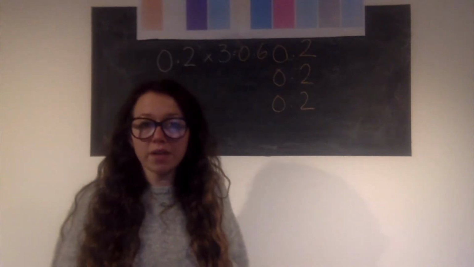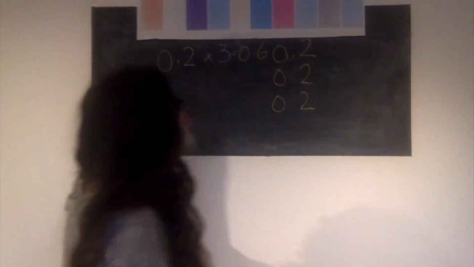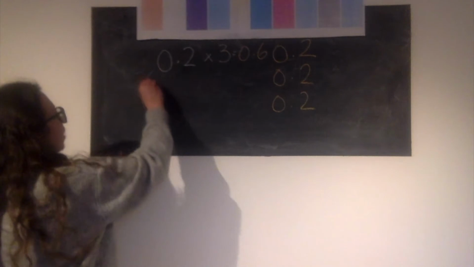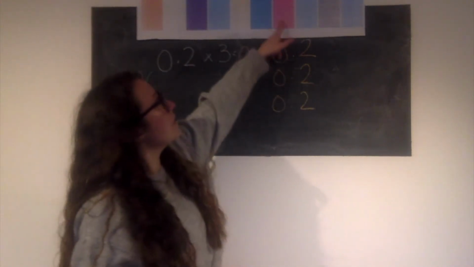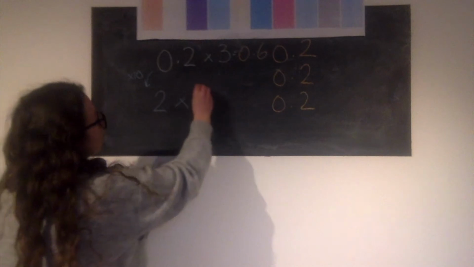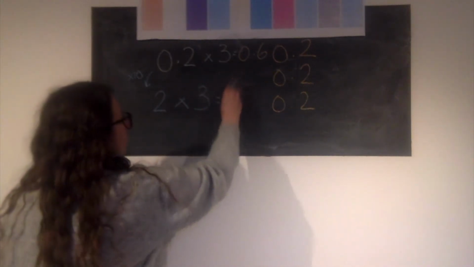We could draw this out. Another way that we could think about it is we could turn our 2 tenths and make it 10 times bigger, so multiply it by 10. If we make it 10 times bigger, it would give us 2 wholes as opposed to 2 tenths. So my question then would be 2 multiplied by 3. Now we know that that answer would be 6.